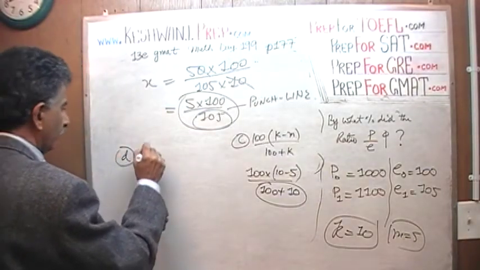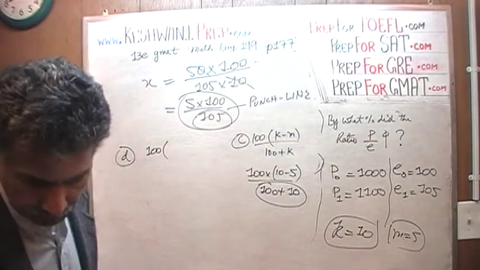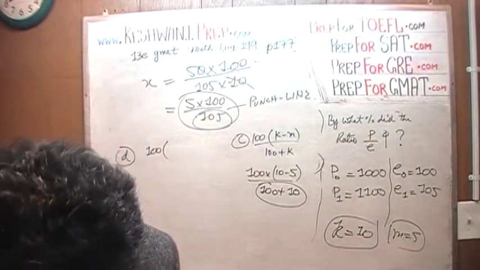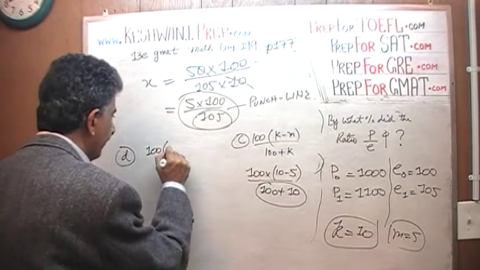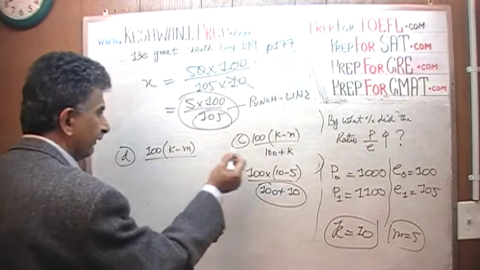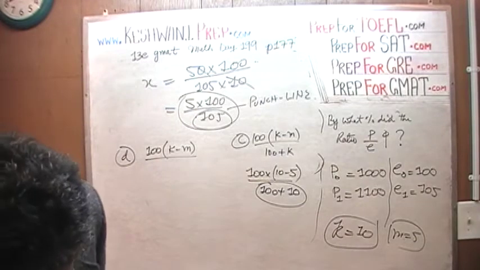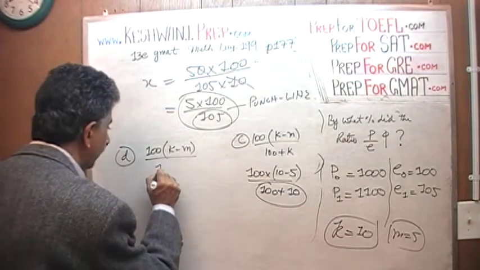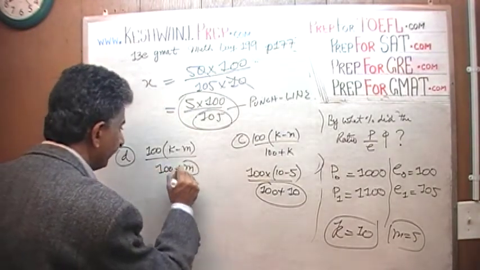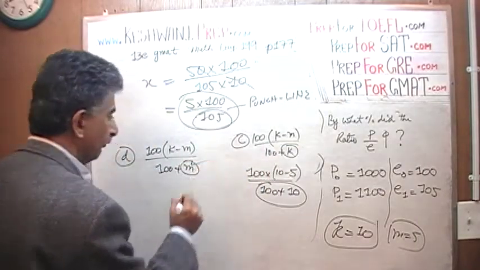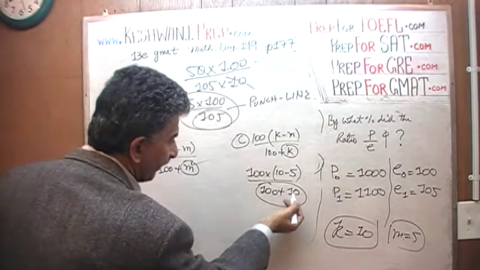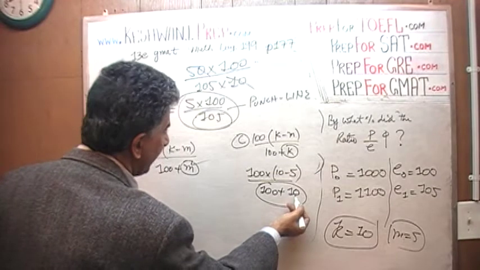D says 100 times k minus m, same as before, so that's a good sign, and 100 plus m. What do you know? Instead of k, we have m, voila! So instead of 100 plus 10 at the bottom, we're going to have 100 plus 5, which is 105.